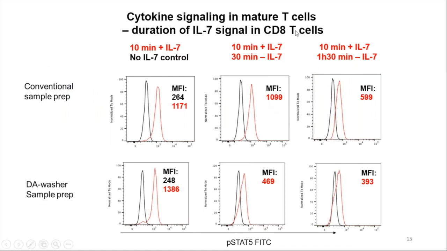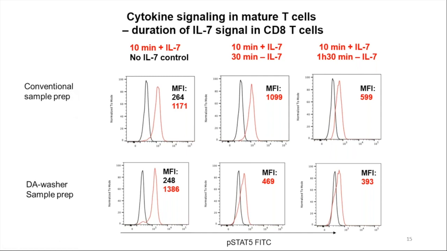and in this experiment we are looking at CD8 T cells. So if we just look at the STAT5 phosphorylation directly 10 minutes after activation, we see relatively comparable STAT5 phosphorylation level using the two different sample prep methods.